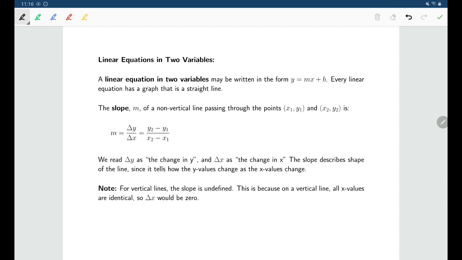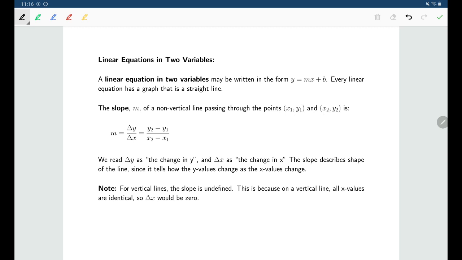One thing to notice here is that I'm keeping my order of the 2 points constant. I'm going from my second point to my first, y2 minus y1, and then in the denominator from the second point to the first again, x2 minus x1. And that's to keep things consistent.